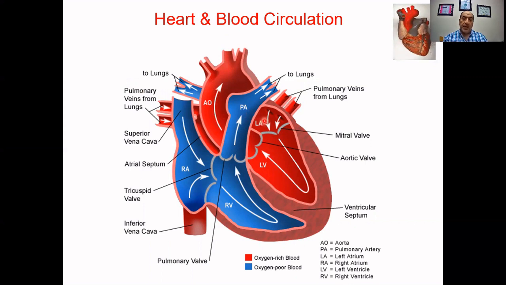Left atrium will push the blood to the left ventricle, and through the aorta it will push the blood to all body tissues, including the heart itself.